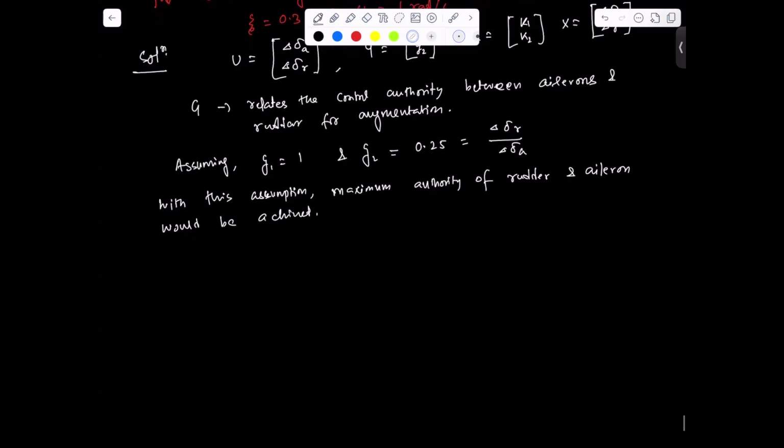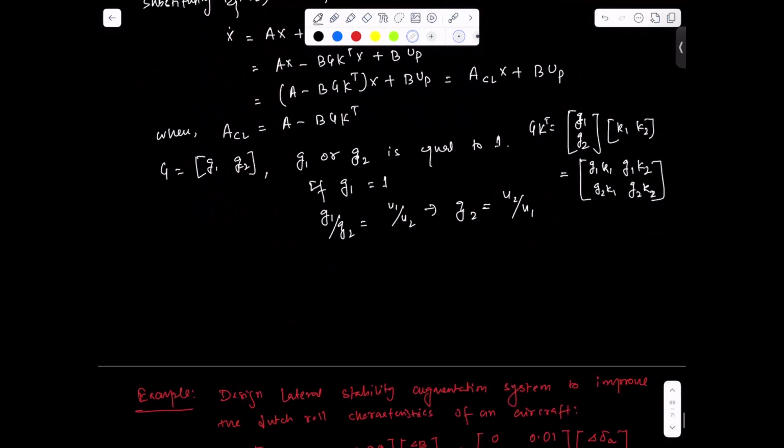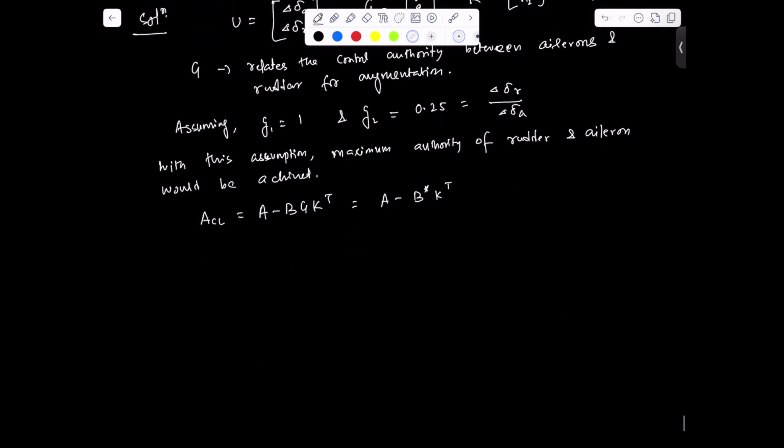So now we'll find the augmented matrix ACL equal to A minus BG transpose. This is what we had before here. This is the augmented matrix. So here we can write A minus B star K transpose, where B star is nothing but BG.